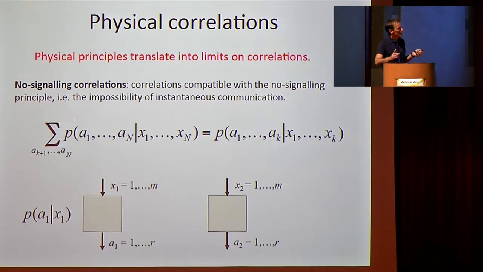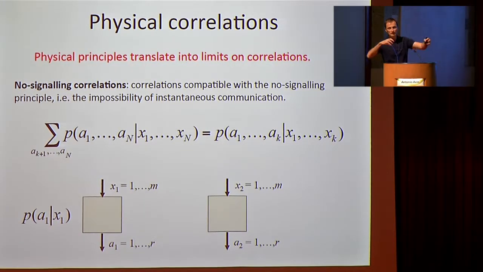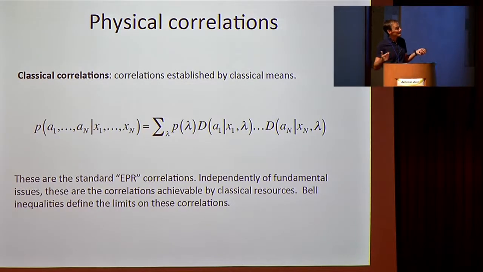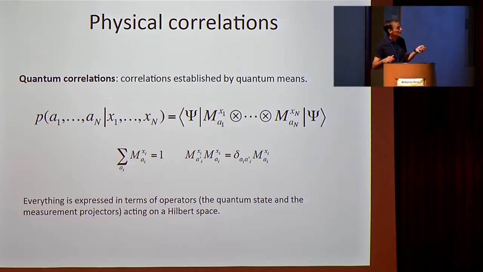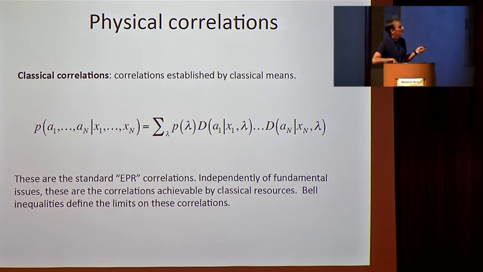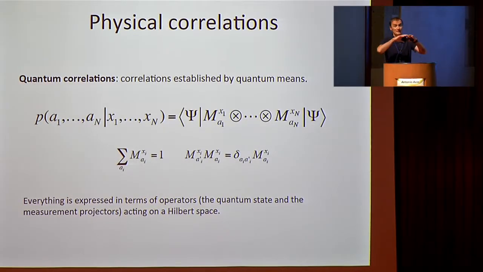I was telling you about these correlations that you can get between physical devices. There are correlations that are compatible with Einstein causality, which we call no signaling. There are the classical correlations, and there are quantum correlations, those that I can get by making measurements on quantum particles. So these three definitions, no signaling, classical, and quantum, define sets of correlations.